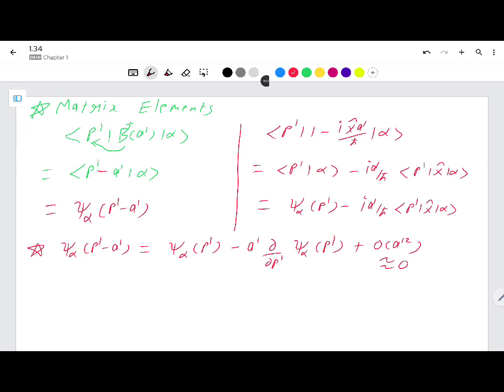So these both are the same equations. If I compare both the sides, psi alpha P prime minus i A prime over h bar x alpha.